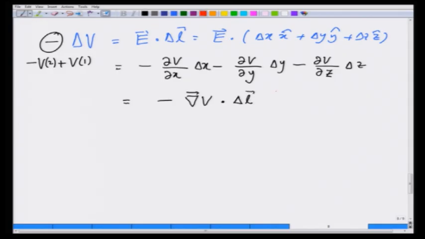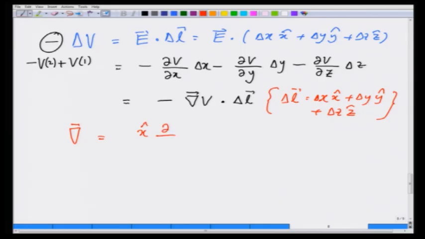where delta L is equal to delta x in x direction plus delta y in y direction plus delta z in z direction. And gradient, I am going to write this as x partial x plus y partial y plus z partial z.